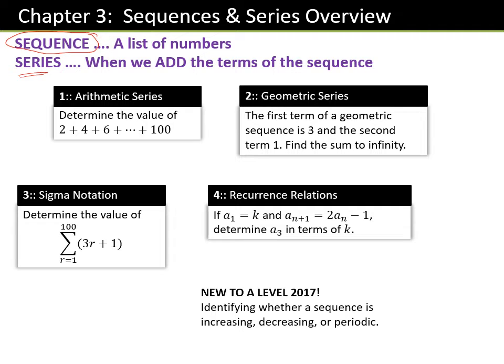So here we can see an arithmetic series, 2 plus 4 plus 6 plus 10, okay, plus 100 and so on. So arithmetic sequences, geometric sequences and series we'll be doing. The only other things that we'll be doing in this chapter is some sigma notation and then recurrence relations.